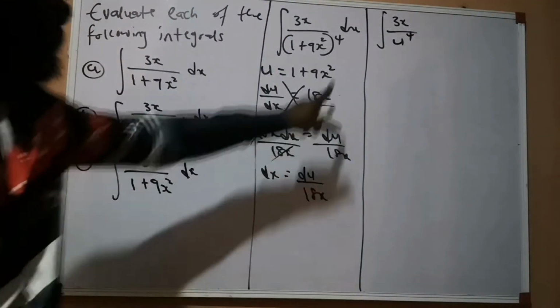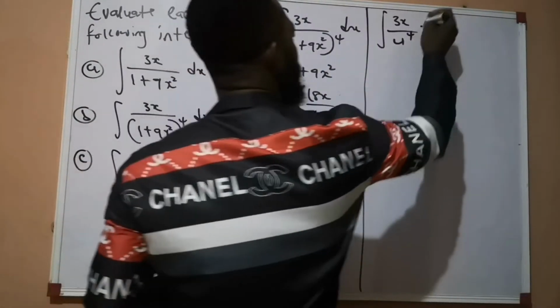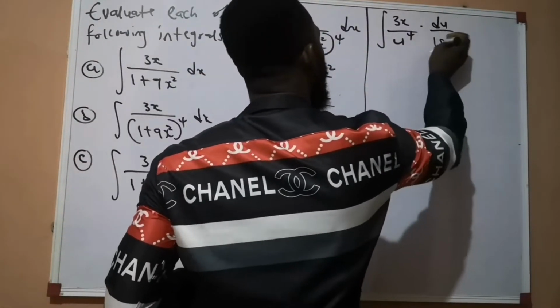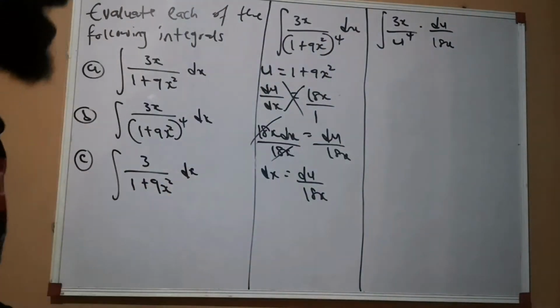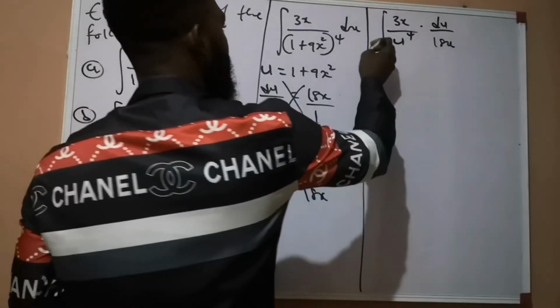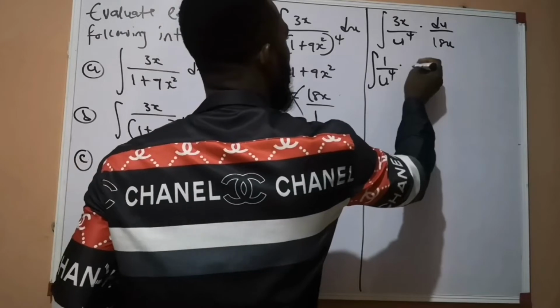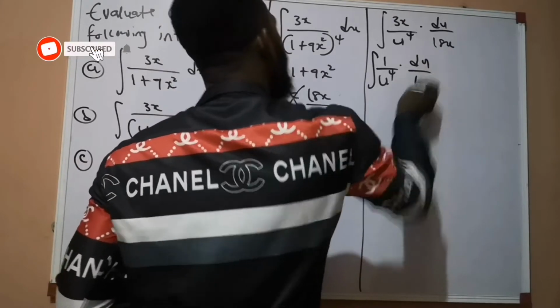Now our dx is du over 18x. Again, 3x can cancel 18x to give us 6. So here becomes the integral of 1 over u raised to the power 4 dot du over 6.